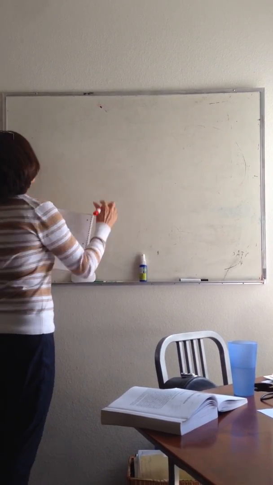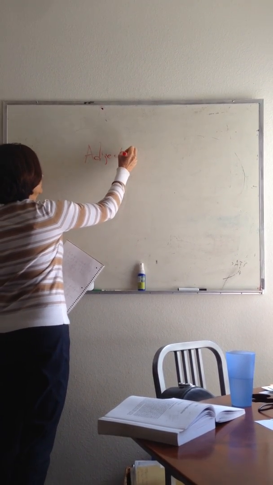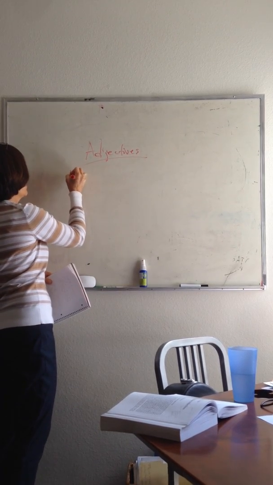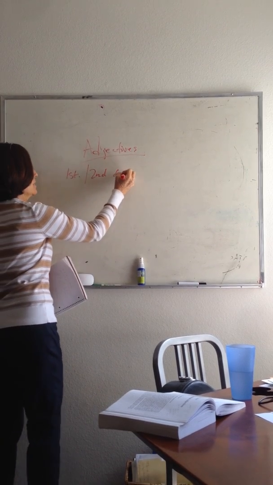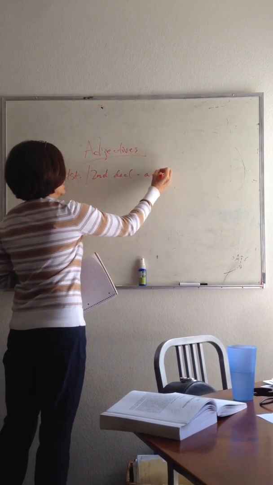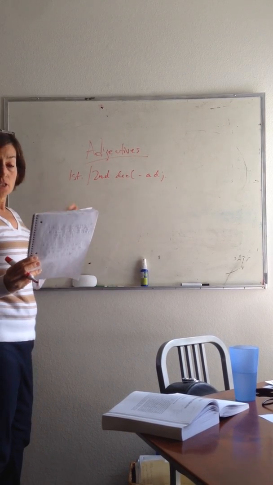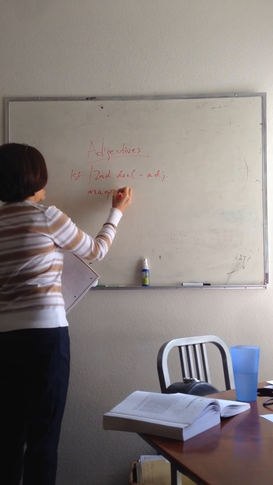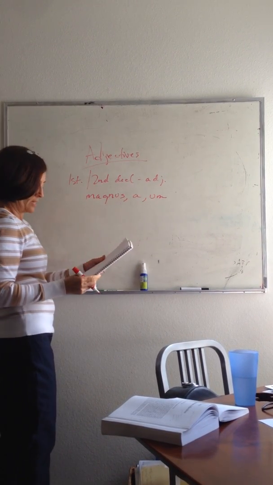Okay? All right, so let's just talk about what we know regarding adjectives. We know so far the one group that we have studied is the group of first, second declension adjectives. Our adjectives in this group are listed as -us, right? We have magnus, for example.